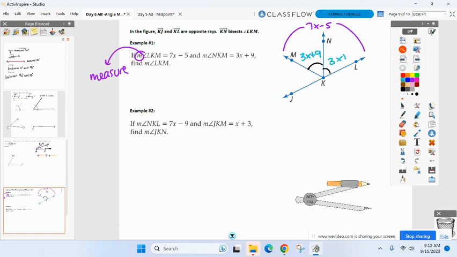Why is that helpful? Because if I put both of those together, what do I end up with? 7x minus 5. Everyone see that? So now I can set up confidently 3x plus 9 plus the other angle 3x plus 9 is equal to the whole thing, which you just told me was 7x minus 5. Go and solve it for x.